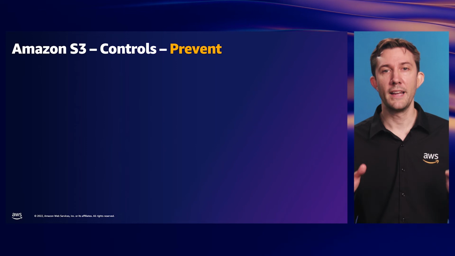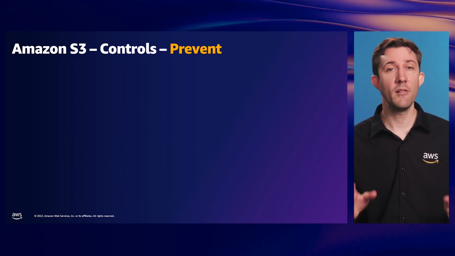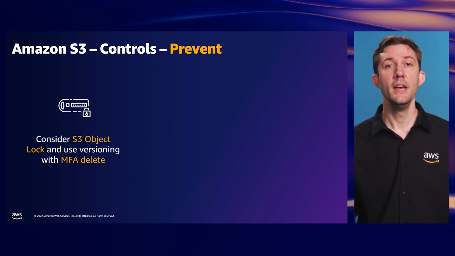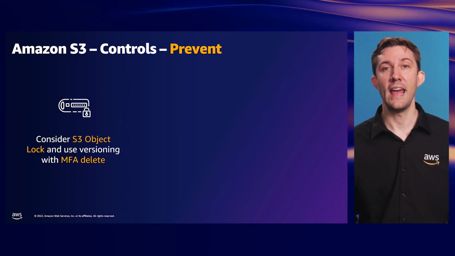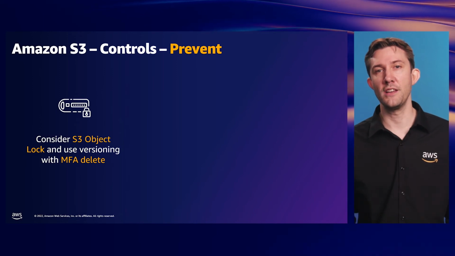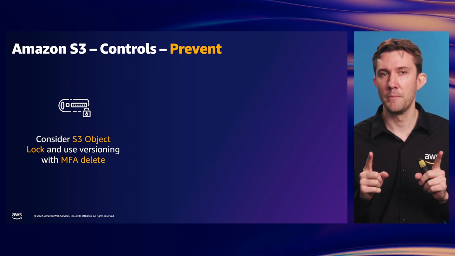So, again, how do we try and prevent this situation from happening? And there are many ways, but here are 3 good options. If you are able to, consider using S3 Object Lock and MFA Delete. Object Lock will prevent users from changing objects for a fixed period of time, so use it carefully.